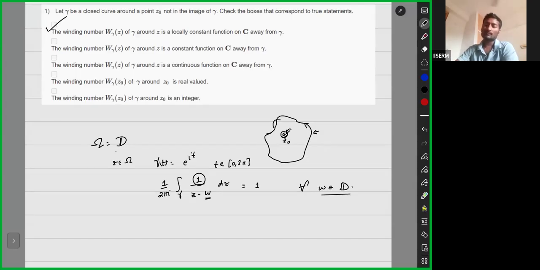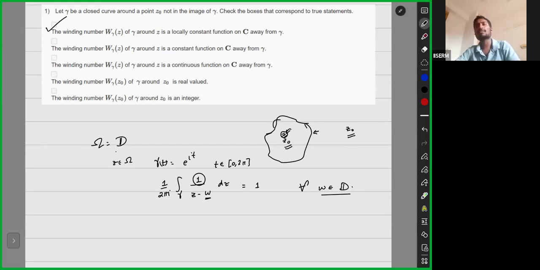It is a constant function away from gamma. This was also proved in the class: if your point z naught lies very far from your curve gamma, the winding number becomes 0. And for the interior part, if your z naught is inside, the winding number is some non-zero number, or maybe it may be 0.